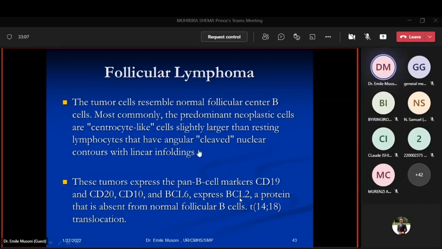BCL2 is a protein that is absent from normal follicular B cells. Because they have follicles, we have to differentiate whether those follicles are benign or malignant. So on immunohistochemistry, we have to use BCL2. Once it is negative, it is a reactive lymph node.